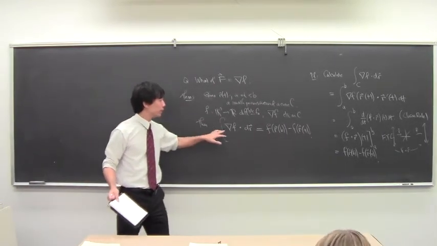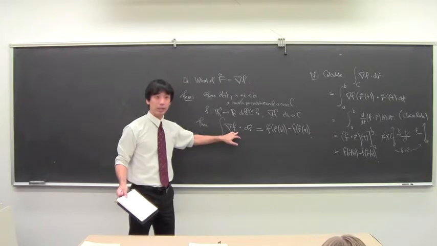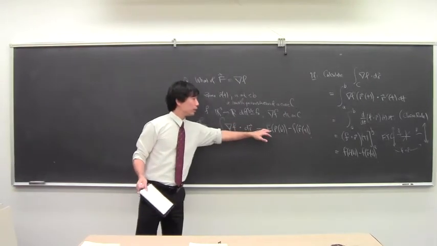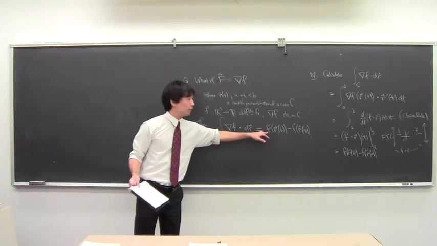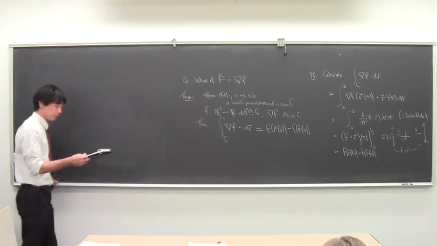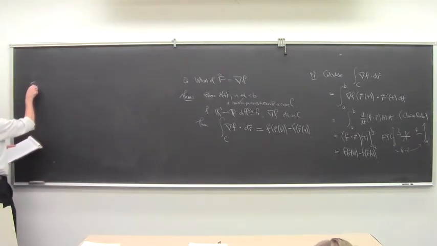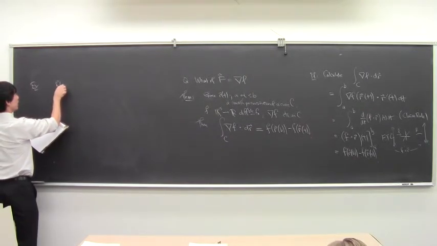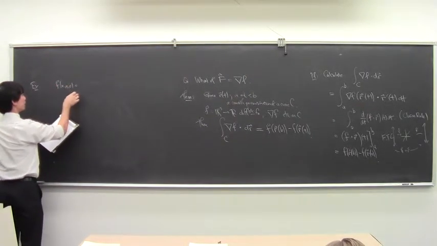It says that if you're integrating this field over this curve, then all you're going to get is the difference of f at the endpoints. So, for example, when we had the gravitational field, f of x here was the function.